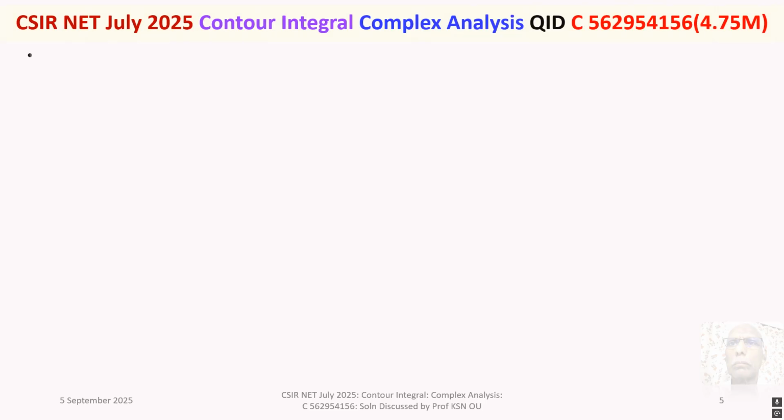Right. The given question is: let gamma be a map from the closed interval [0, 1] to the complex plane, defined by t mapping to e to the power of 2 pi i t.